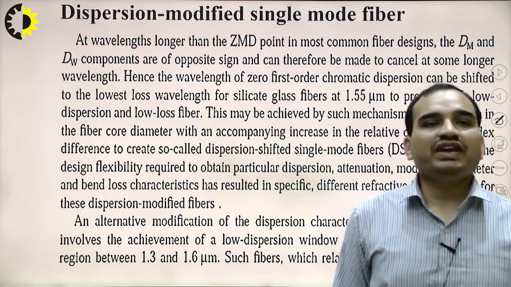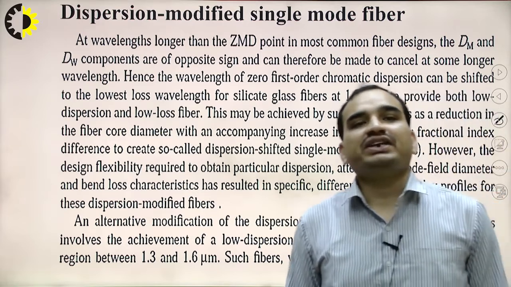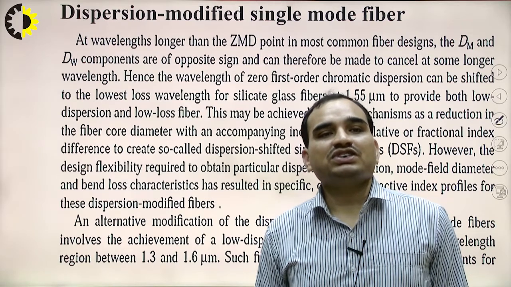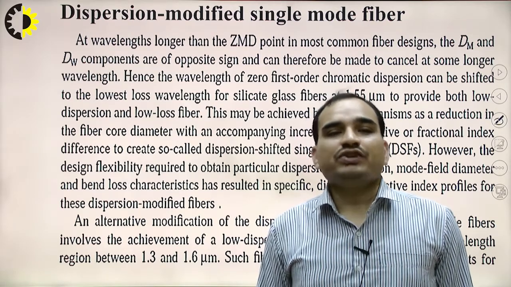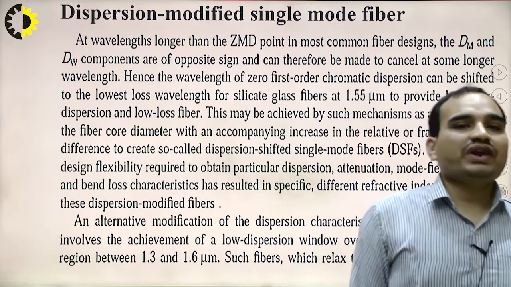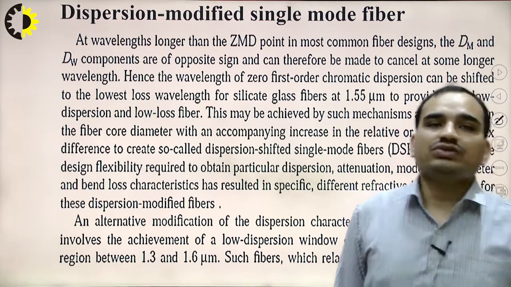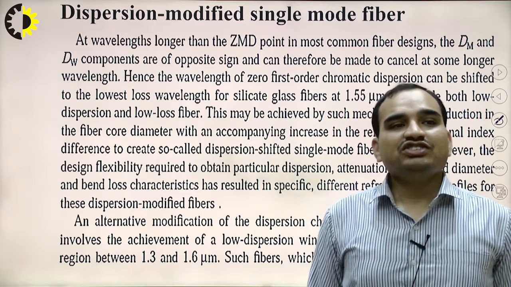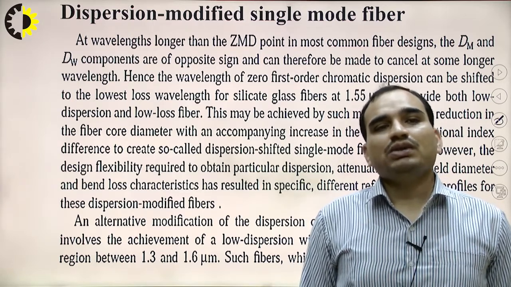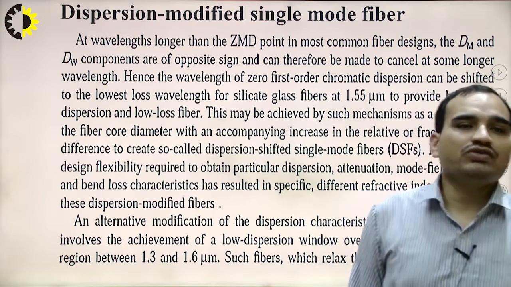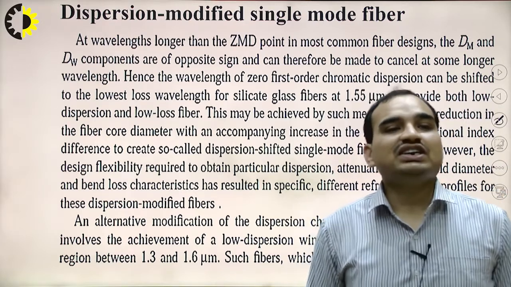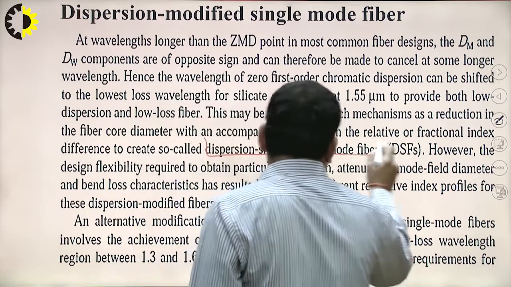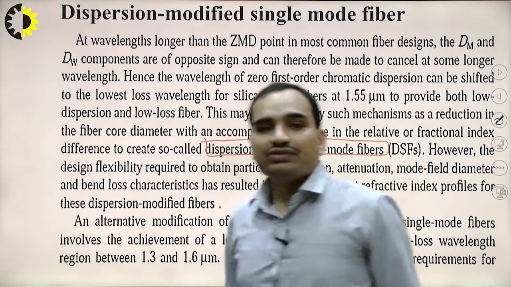Hence the wavelength of zero first order chromatic dispersion can be shifted to the lowest loss wavelength for silicate glass fiber at 1.55 micrometers, to provide both low dispersion and low loss. This may be achieved by a reduction in the fiber core diameter with an accompanying increase in the relative or fractional index difference, to create the so-called dispersion shifted fiber. It is also known as DSF.